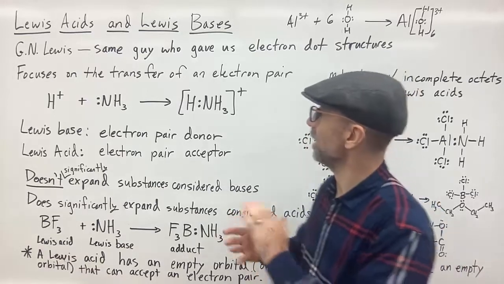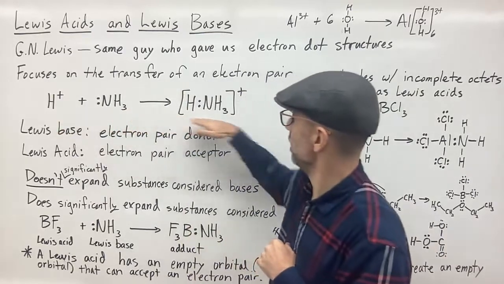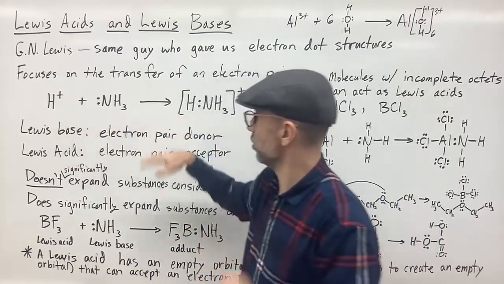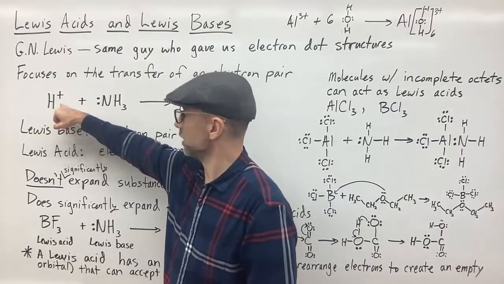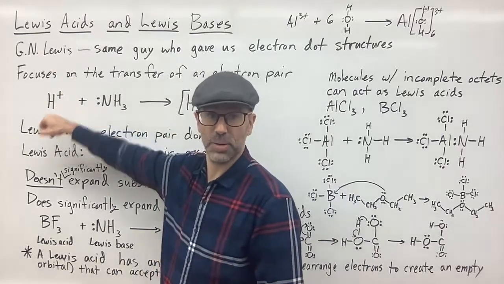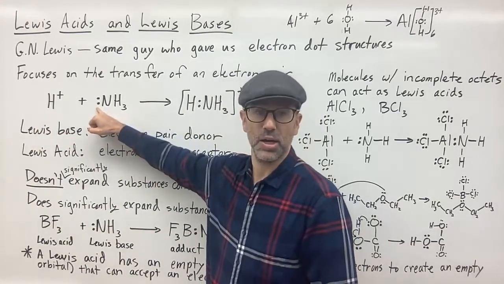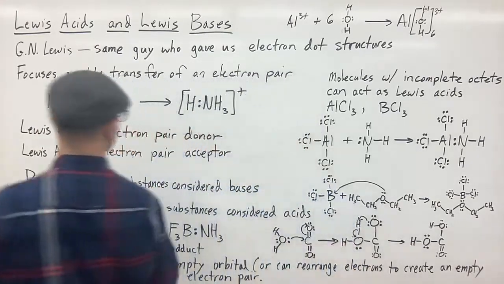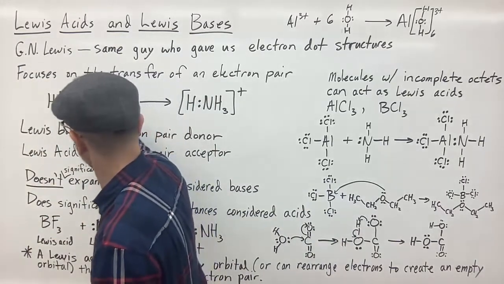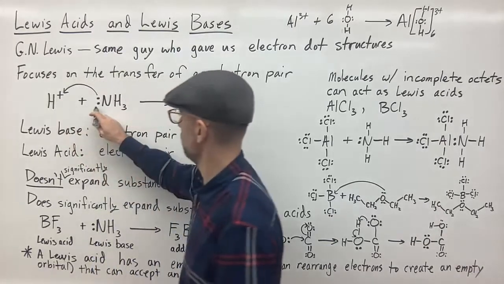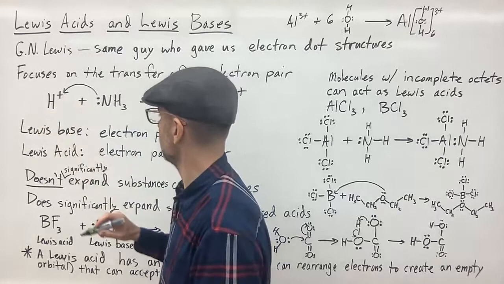So in using his definition, if we have this reaction going on here, we have an H plus, and it doesn't have any electrons, no electron pair. But here we have NH3 that has an electron pair. So we can understand this as the NH3 donating the electron pair to the hydrogen, and the hydrogen is accepting that pair.